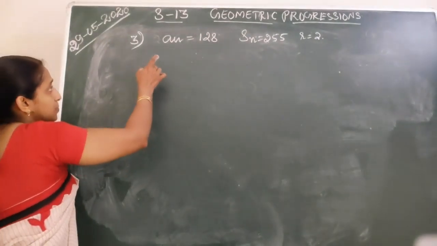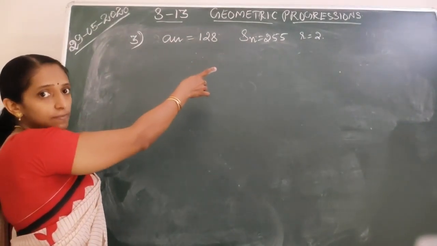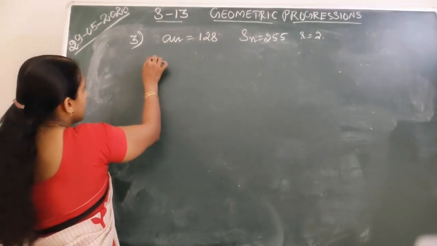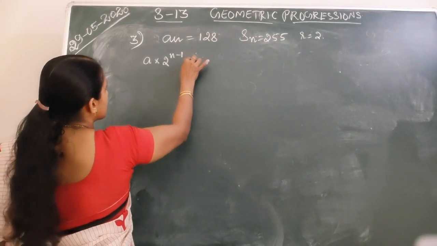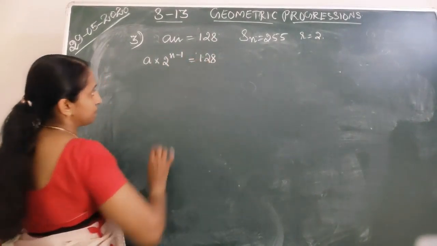So if you are substituting, r is greater than 1. So a into 2 to the power n minus 1 is equal to 128.